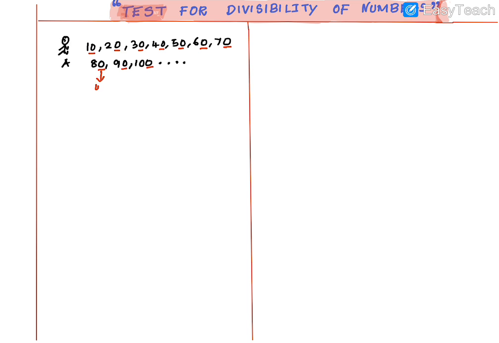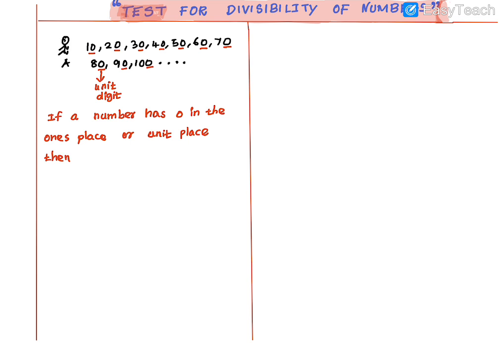So I will write: if a number has 0 in the ones place or units place, then it is divisible by 10.